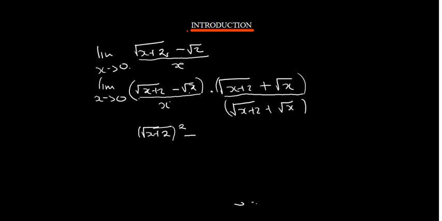So minus again root x squared, like that, then over this will be x, root x plus 2, that's root x plus 2, then plus root x again, like that.